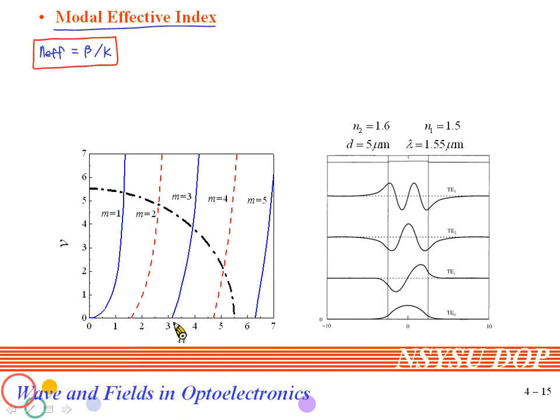As we know, the transverse wave number in the core region, h, can be expressed as this equation. And the transverse wave number in the cladding region, q, can be obtained by this equation.